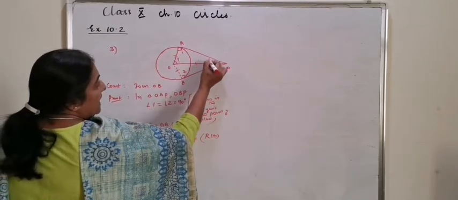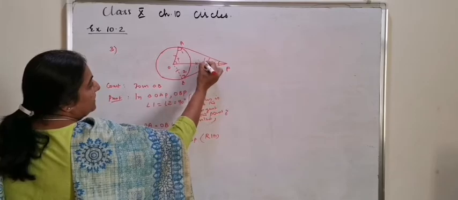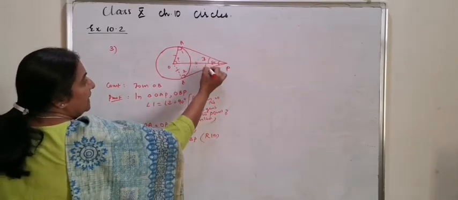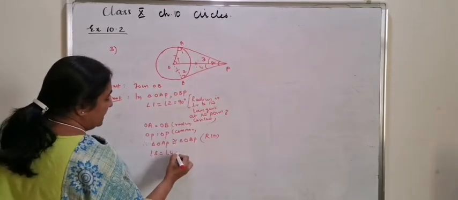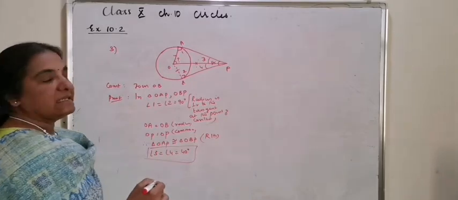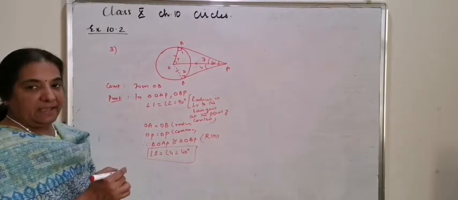Therefore, angle 3 is equal to angle 4 is equal to 40 degrees, or you can read it as angle OPA.